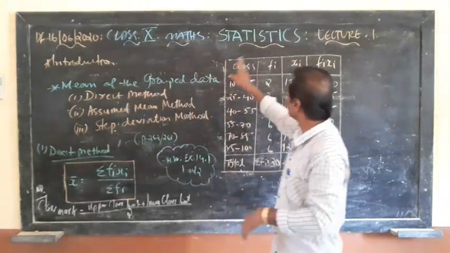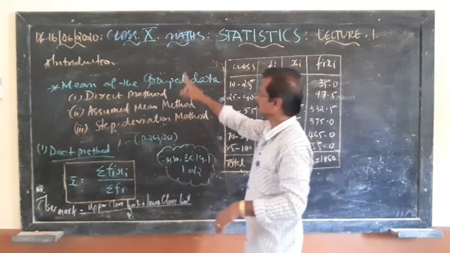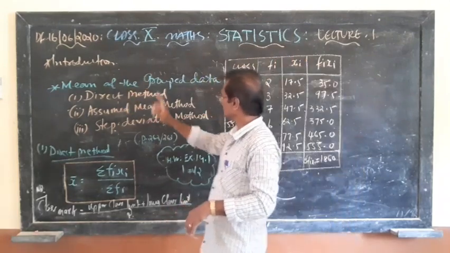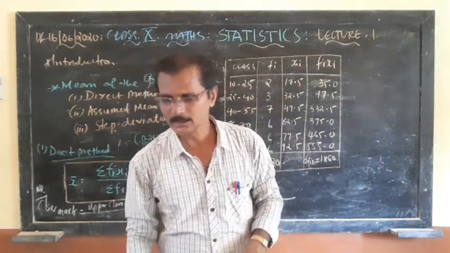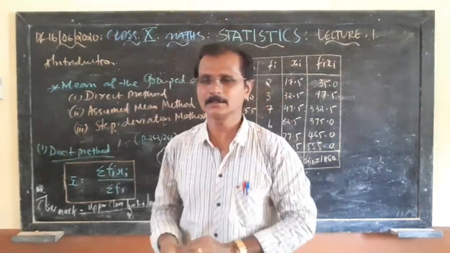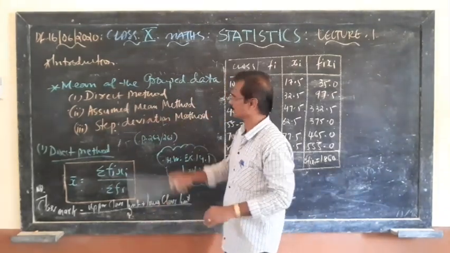This is statistics lecture 1, chapter 14, and the first topic is mean of the grouped data. How to find the mean of the grouped data?